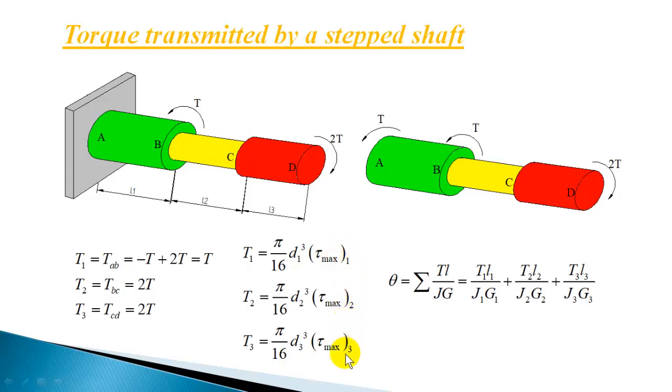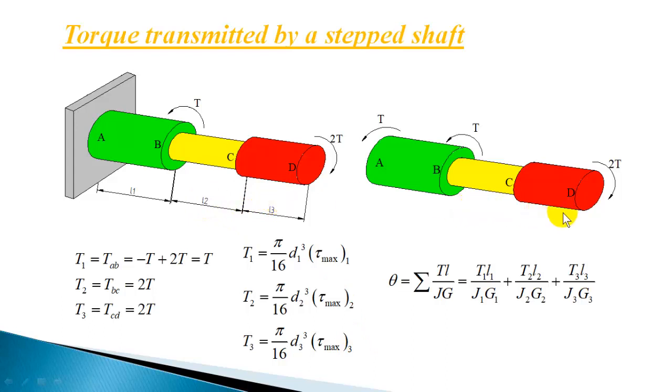Different sections will have different maximum values of shear stress due to the torques acting, because they are having different diameters and different torques are acting. So you can find out the maximum shear stress induced in various sections.